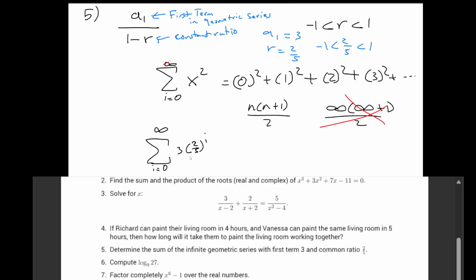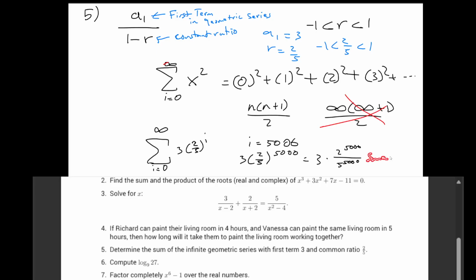Once we get to iteration 5,000, we get 3 times 2 over 5 to the 5,000. This will be 3 times 2 to the 5,000 over 5 to the 5,000 using properties of exponents. 5 to the 5,000 will obviously be much larger than 2 to the 5,000, so this will be some pretty small value.